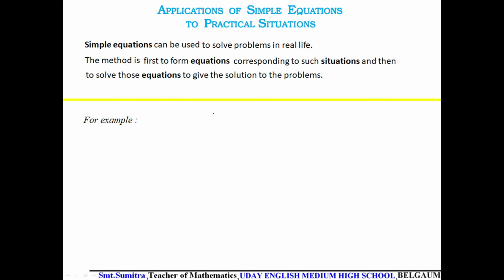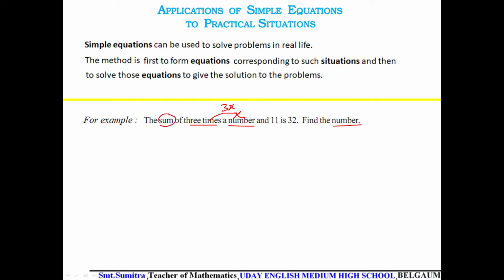The sum of 3 times a number and 11 is 32. Find the number. Here this number is unknown. We have to call this number x. Now 3 times x means it is 3x. These are all things we studied in our previous class. So 3 times x. Now the given thing is sum.